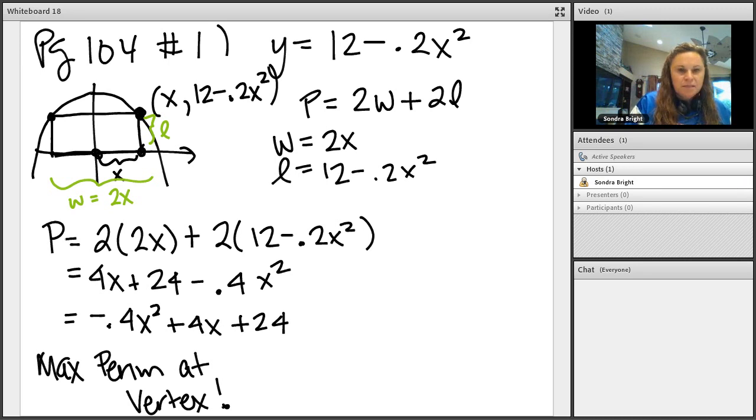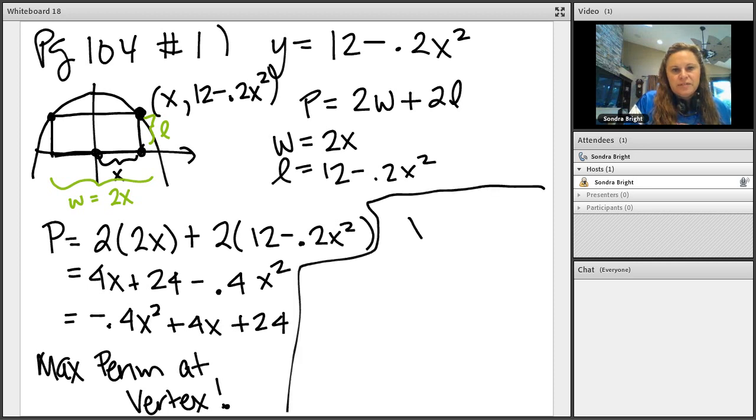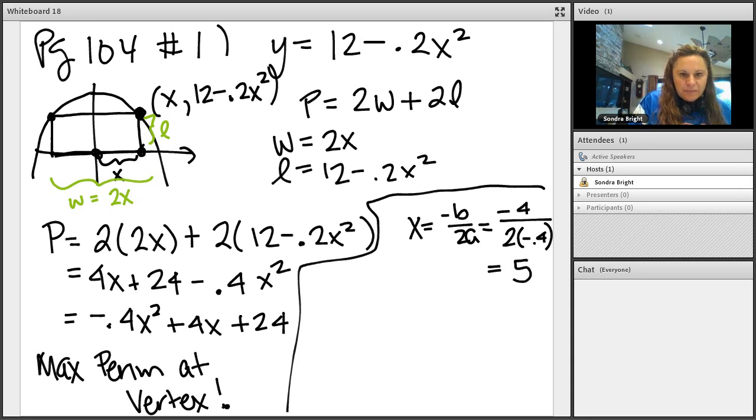So, I'm going to give myself some room over here. To find the vertex, it'll be x equals negative b over 2a. So that's negative 4 over 2 times negative 0.4, which ends up giving you that x is equal to 5. That's the x value of this perimeter equation, which happens to be a parabola.